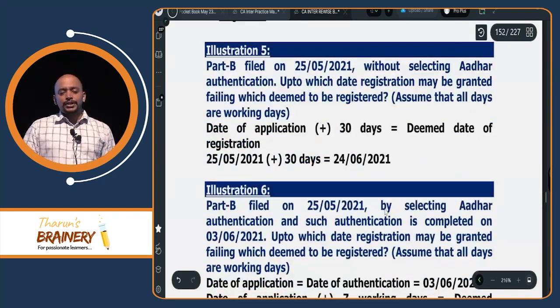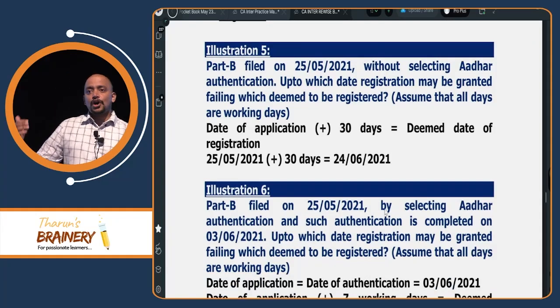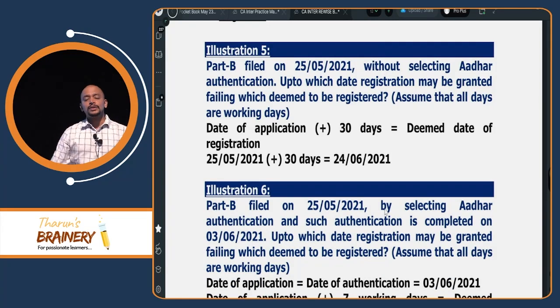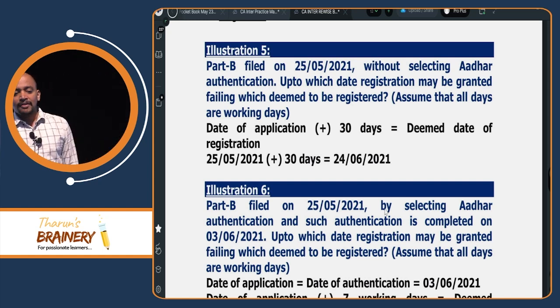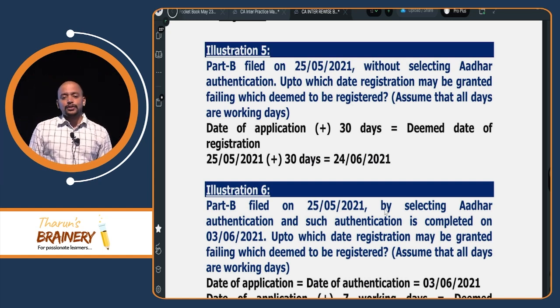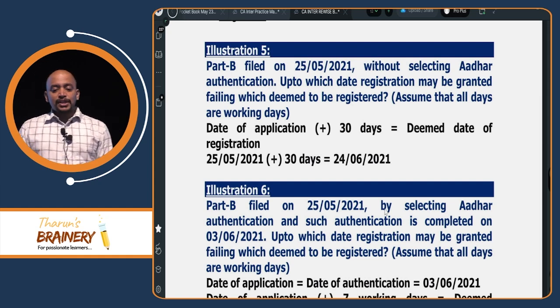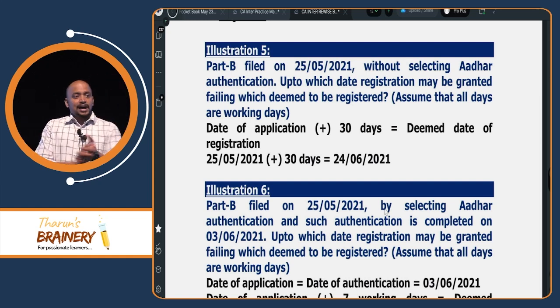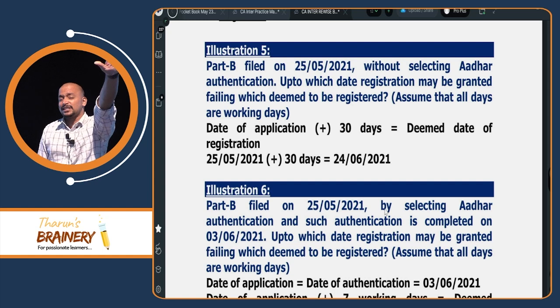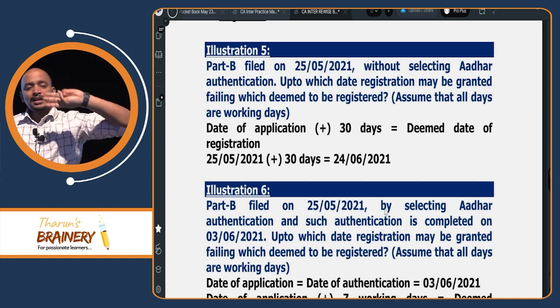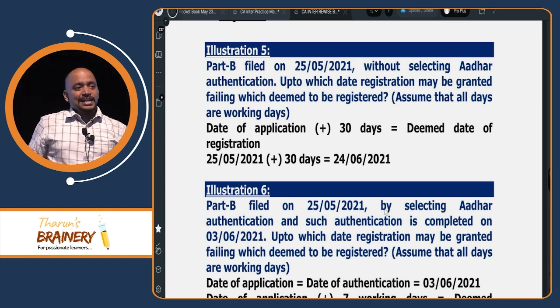Now look into illustration 5. So on this deemed registration, how we will get MCQs? See this. Part B filed on 25/5/2021 without selecting Aadhaar authentication. Without selecting Aadhaar authentication means what is the date for deemed registration? 30 days. Assume all days are working days.